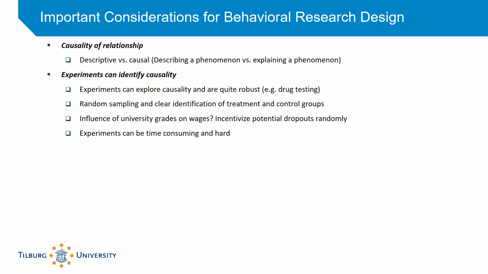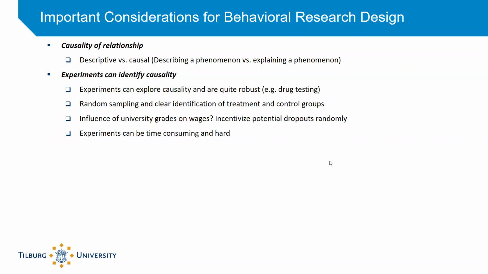The treatment group is given the vaccine, while the control group is given a placebo of the vaccine. That means a vaccine without the active ingredient. Now the experiment involves studying what happens to these two groups and comparing them.